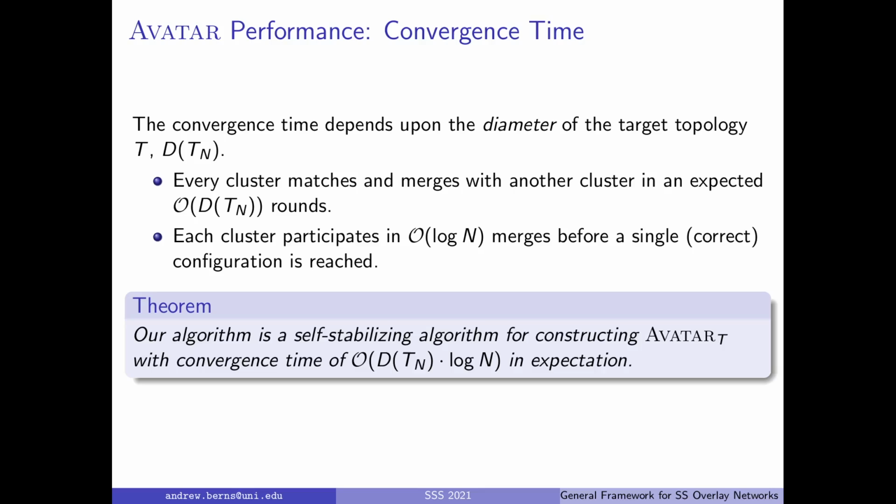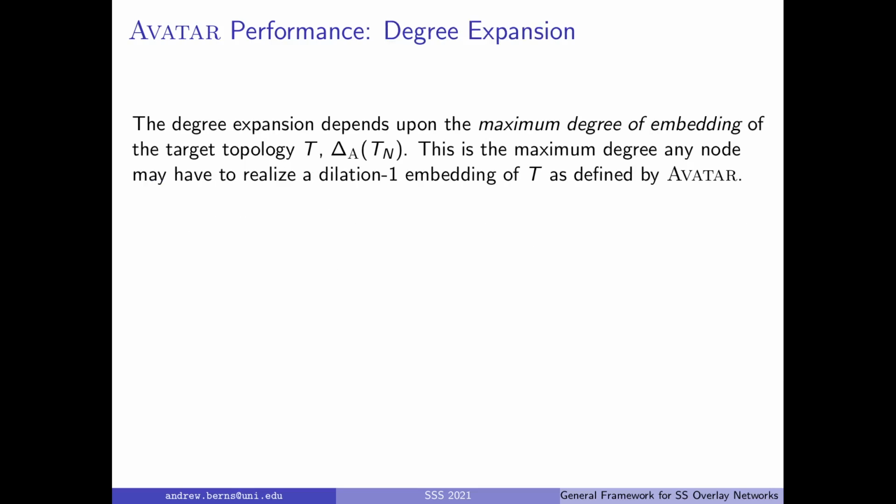How about the space complexity? The space complexity actually depends on something called the maximum degree of embedding. This is going to be the maximum degree any node may have from any subset of nodes to realize a dilation 1 embedding of T, at least as defined by Avatar, where you have your successor and your predecessor, and then you're responsible for all of those nodes in that range.